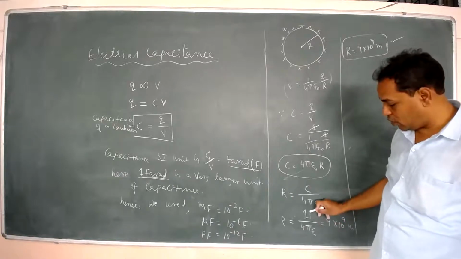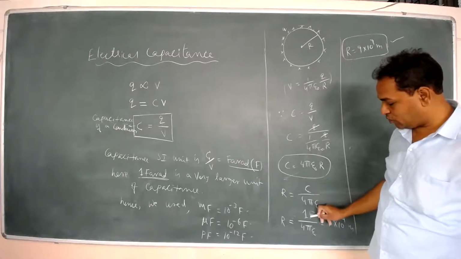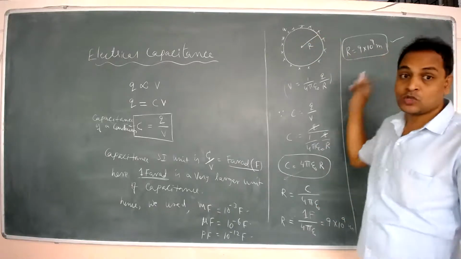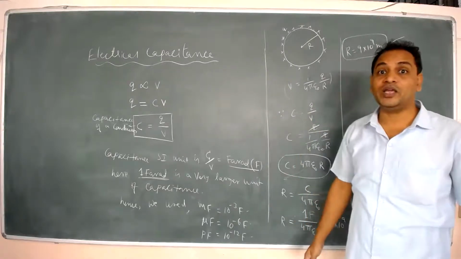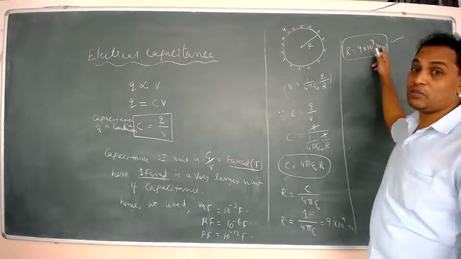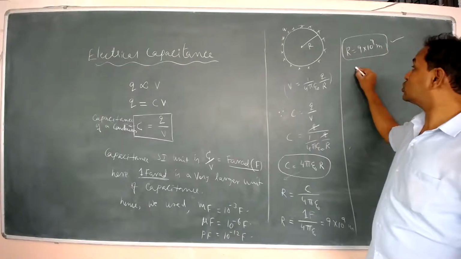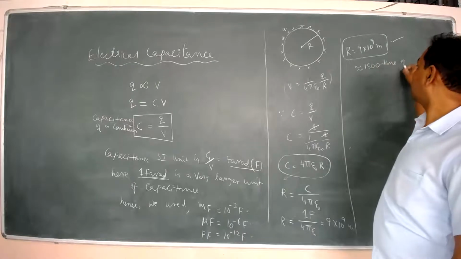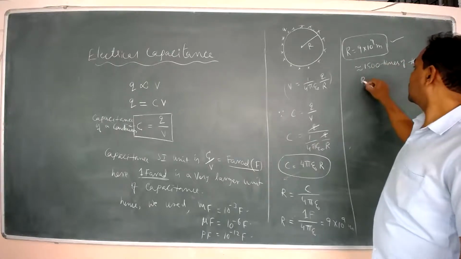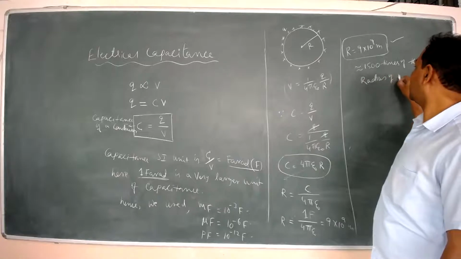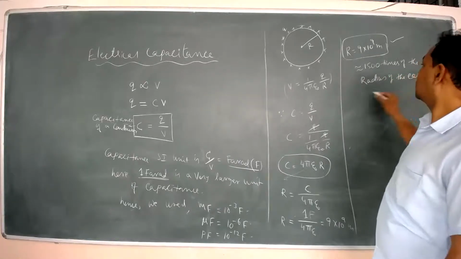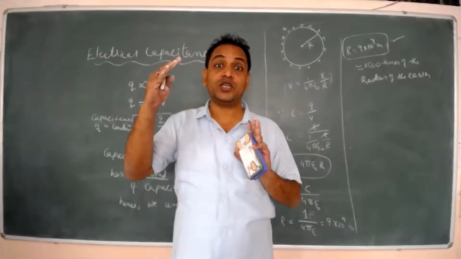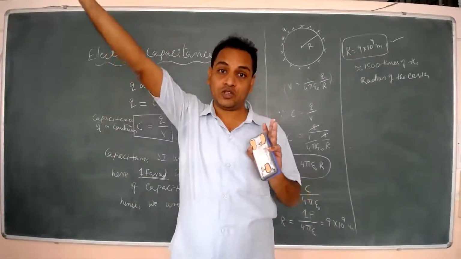That much length you should have. 9 into 10 power of 9 meter is almost equal to 1500 times the radius of the earth.